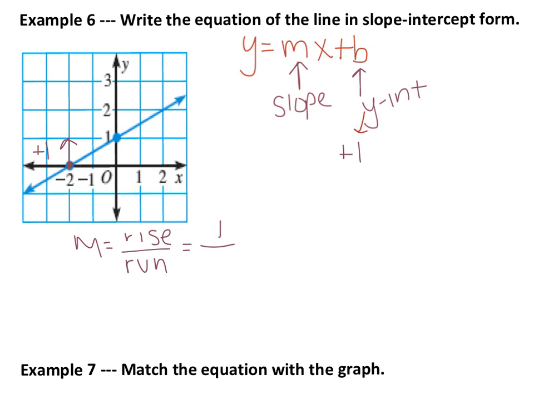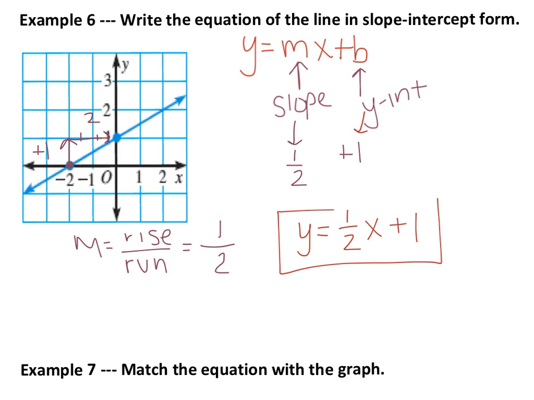So my rise is 1, my run is 1, 2. So now my slope is 1/2. All I have to do is put those pieces together in one full equation. So y equals 1/2 x plus 1, and that is your equation.